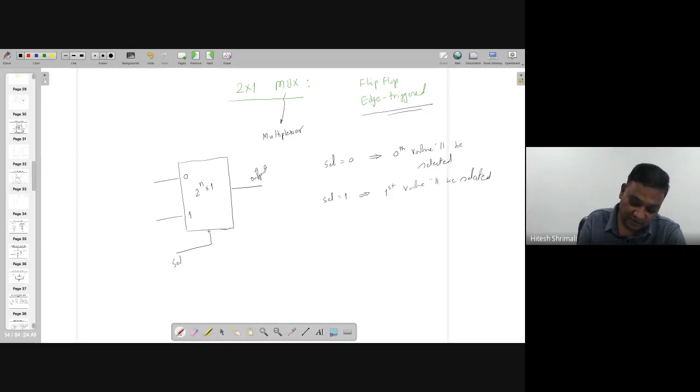Sometimes you may have the bubble also, so it's the reverse of what you are saying. So when select equal to 1, which is effectively acting as select equal to 0, the 0th value will be selected, and other things are already known to you, right? I'm not going into the whole detail of how this happens, but a 2:1 MUX looks like this, and the internal diagram looks like this.